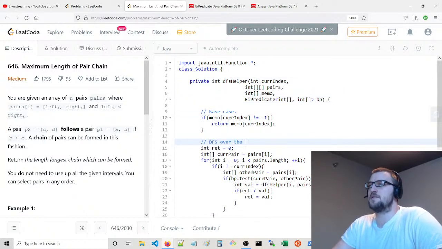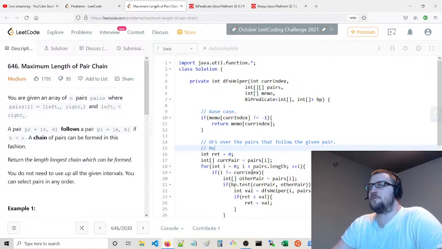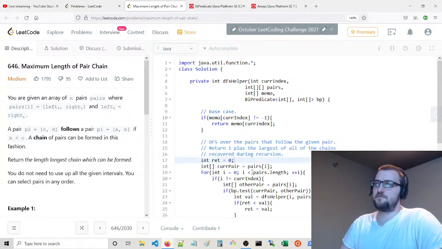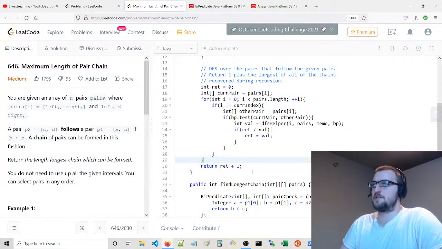DFS over the children, over the pairs that follow. Given a pair, 1 plus the largest of the chains. Something like this. Oh, one more detail.